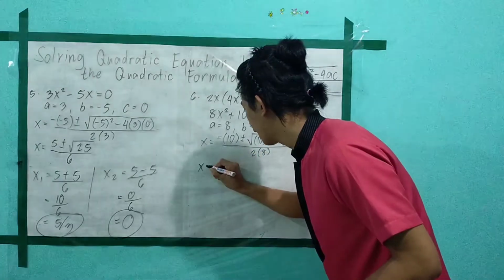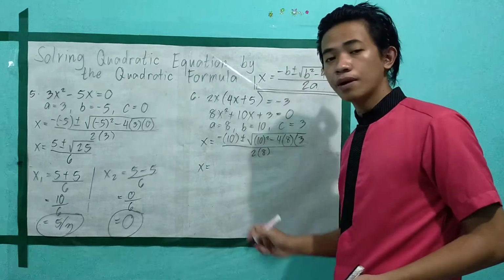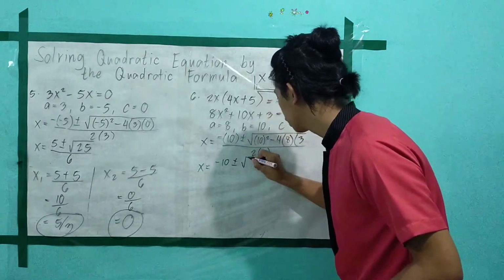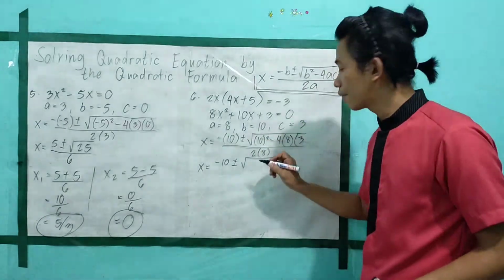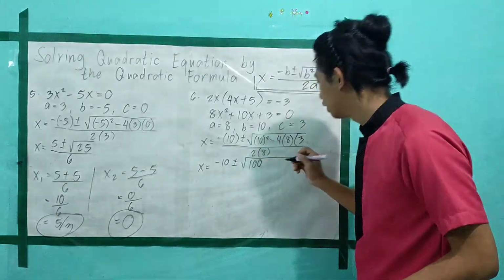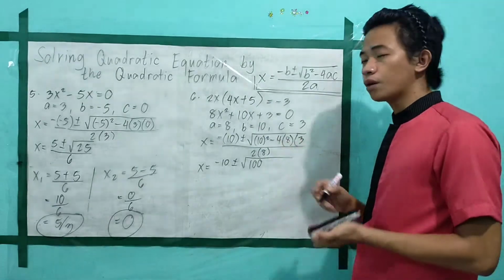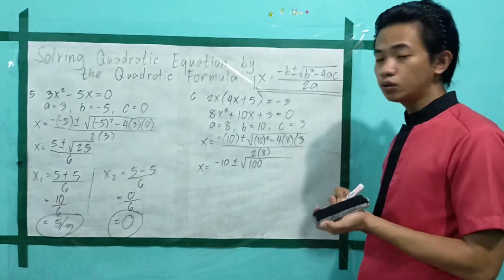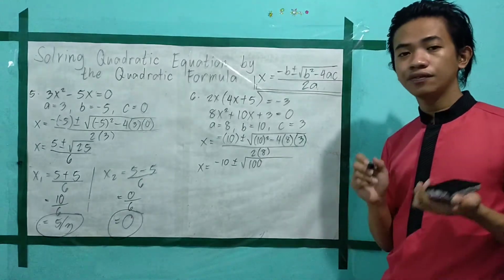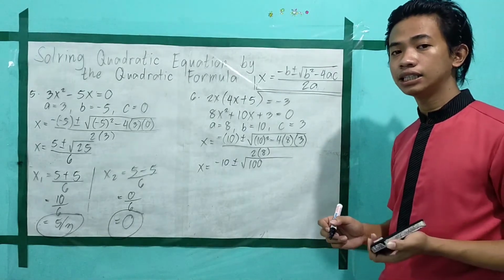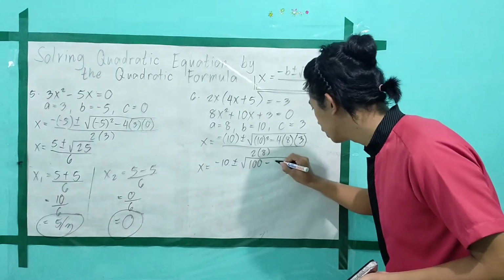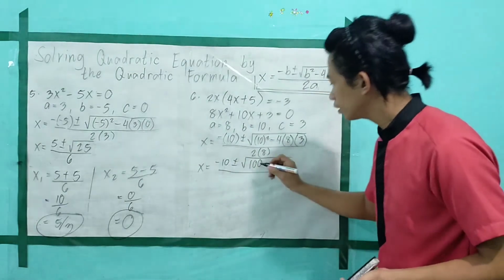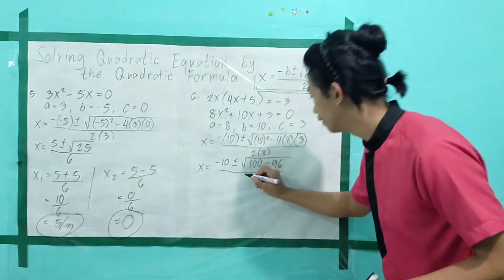So, simplify, x is equal to negative multiplied by positive 10, we have negative 10. Plus minus square root of 10 squared, we have 100. Next, negative 4 multiplied by 8, we have negative 32. Negative 32 multiplied by 3. So we have negative 96. All over 2 times 8, we have 16.